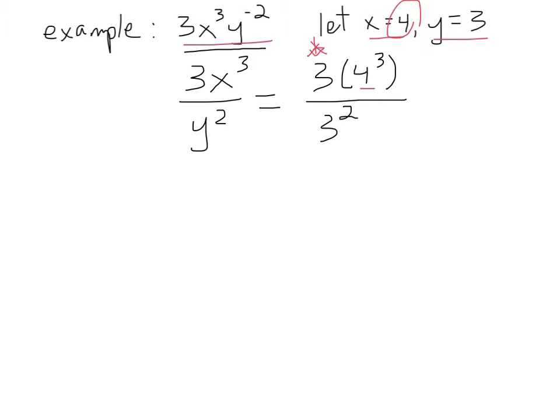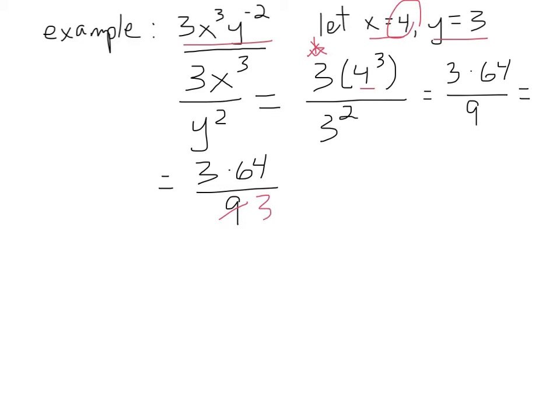Alright, so what do we get? The numerator is going to be 3 times 64 divided by 9, which equals... Before I multiply that whole thing out, maybe I can simplify it a little bit, and I recognize that 3 goes into 9 3 times, and it goes into 3 once, so I can then rewrite this as 64 over 3.